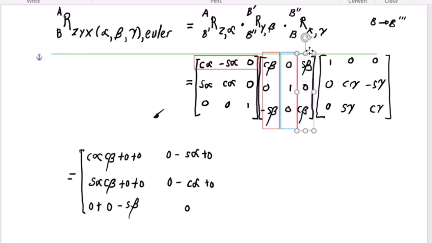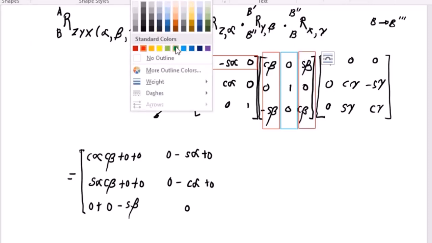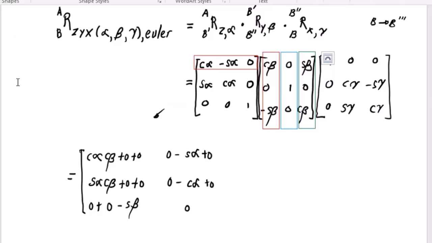The same process, and make it green. So the last one, this will become here. Sine beta, multiply this, we have cosine alpha, sine beta.